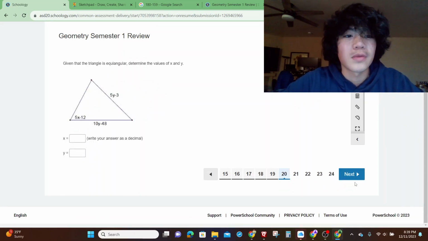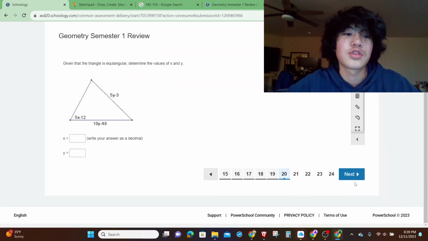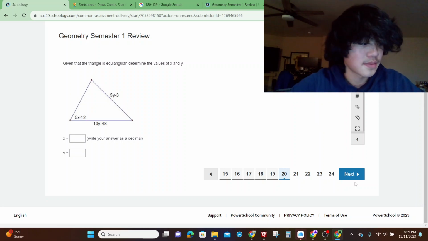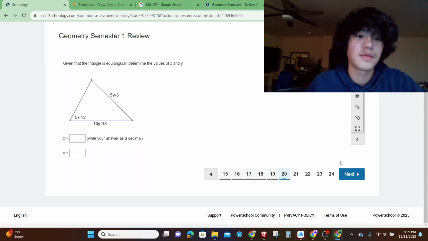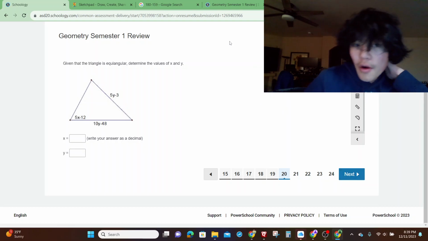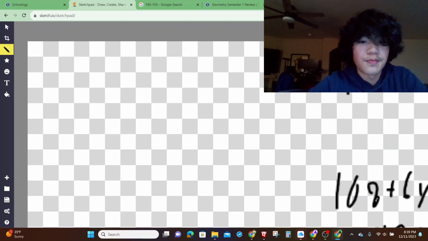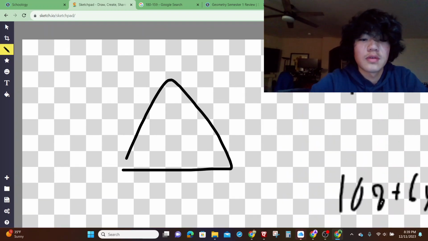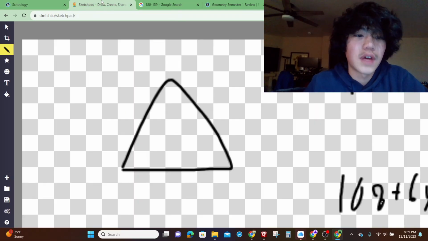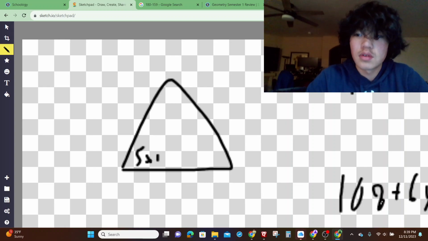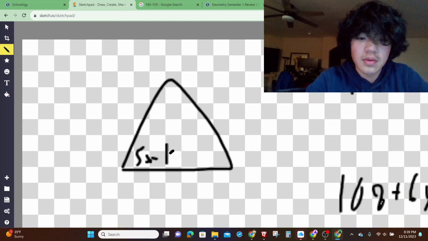Alrighty then. So, given that the triangle is equiangular, determine the values of x and y. Okay, so if they're equiangular, they're all gonna be 60 degrees. So, let's draw this triangle. 5x minus 12.